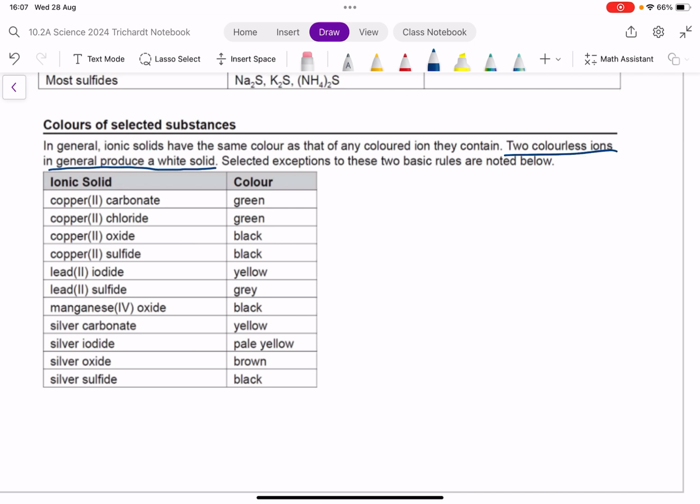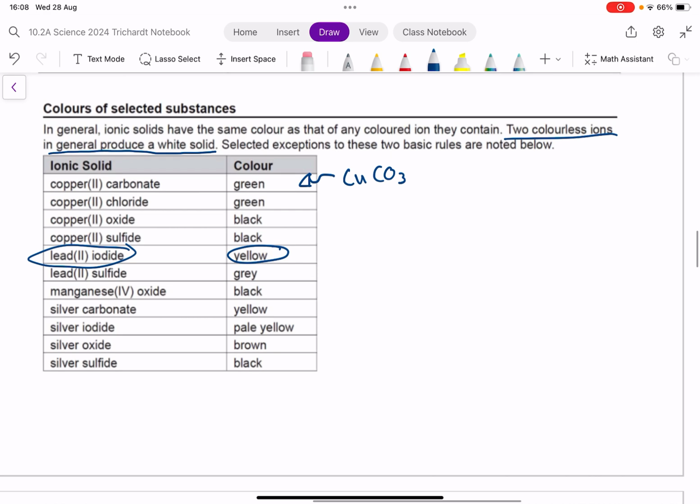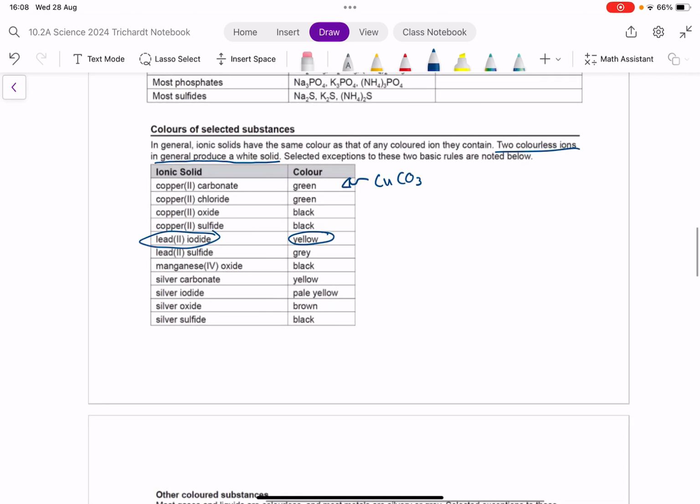However, these are the exceptions. If copper carbonate, CuCO3, gets formed, you will get a green colored precipitate. Lead iodide creates a yellow precipitate. This is the one we did in class. So unless they're on this list, they are going to be white if they form a precipitate.